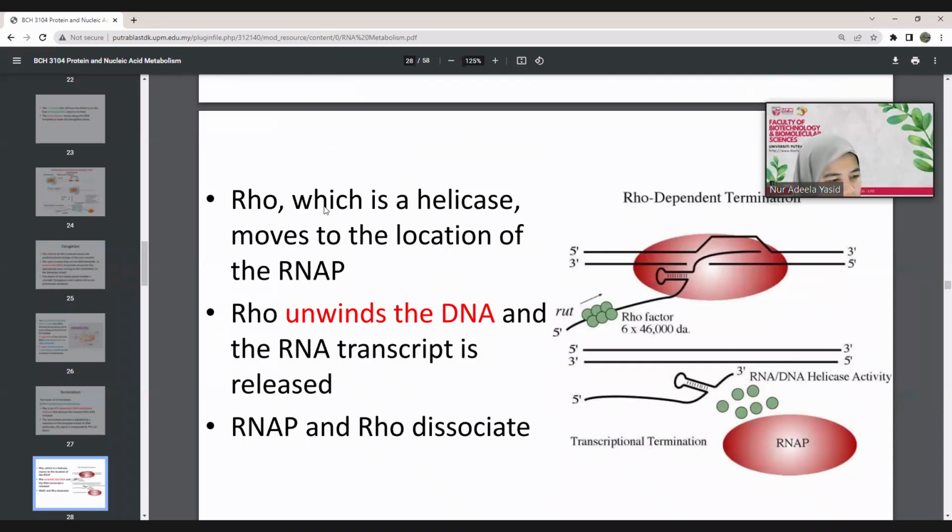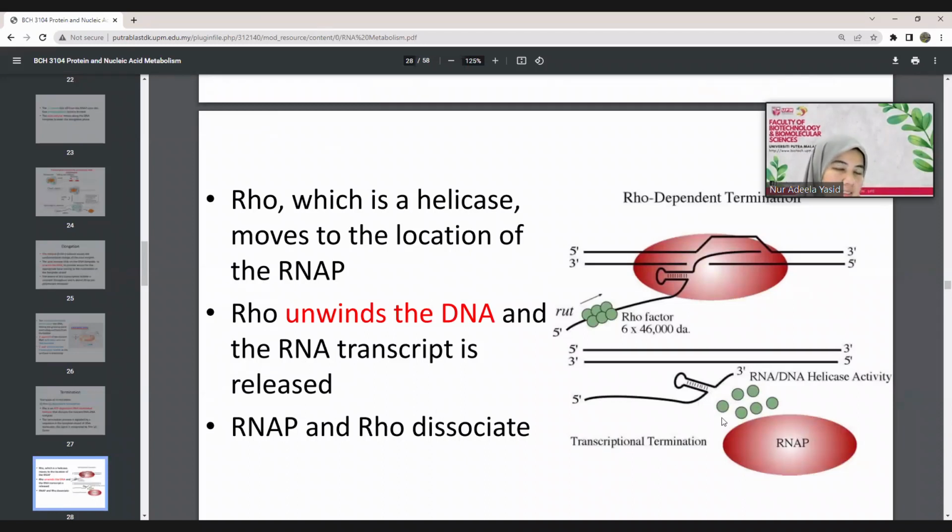Near the end of the gene, the polymerase encounters a run of G nucleotides on the DNA template.